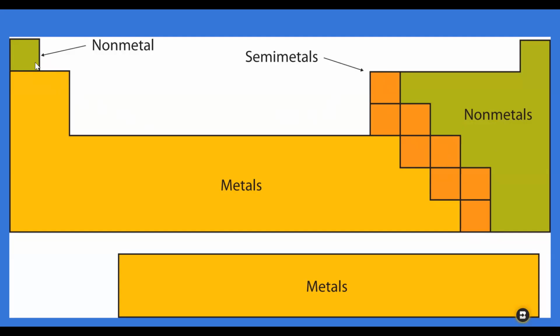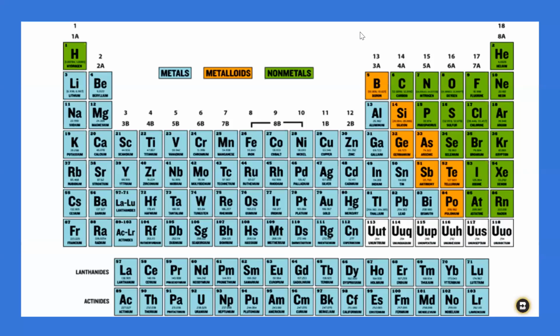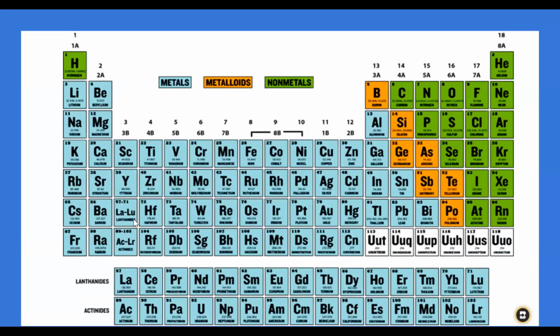So the periodic table is divided into three main parts: metals on the left side of the staircase, non-metals on the right side of the staircase, except hydrogen, which is supposed to belong here, and then metalloids or semi-metals on the staircase, except aluminum.